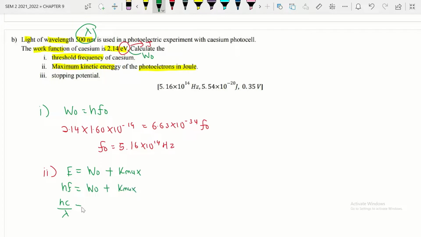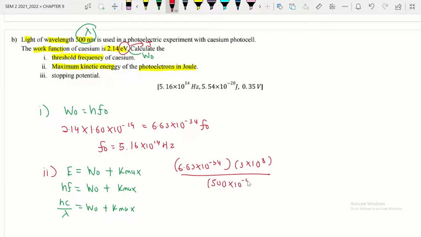So, kita nak cari maximum kinetic energy. So, Planck constant kita adalah 6.63 times 10 to power of negative 34, and speed of light kita adalah 3 times 10 to power of 8, and wavelength is given 500 nanometer. We convert it to meter, so times 10 to power of negative 9.